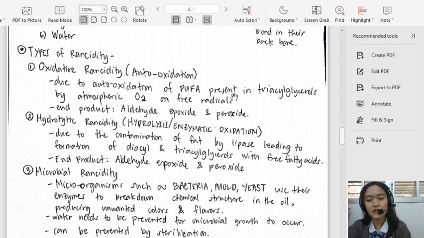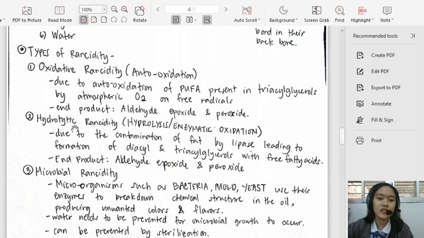When you say free radicals, these are unstable atoms that can cause diseases. So the free oxygen from the atmosphere will cause the auto-oxidation of your fats and oils, that will cause oxidative rancidity. So this reaction includes oxygen.